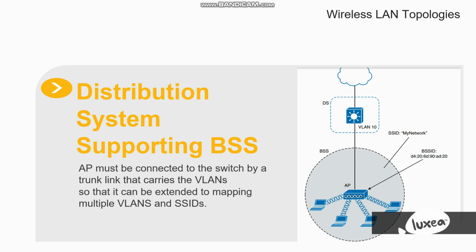So, distribution system supporting BSS. The AP must be connected to the switch by a trunk link that carries the VLANs so that it can be extended to map multiple VLANs and SSIDs.